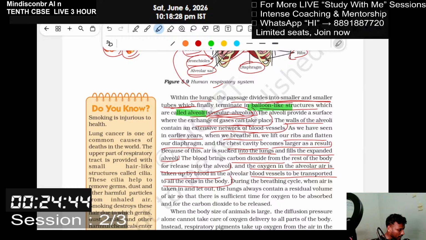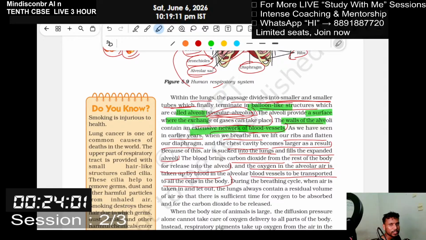Balloon-like structure. The alveoli provide surface area where the exchange of gases takes place. And what was the main peculiarity of the alveolar surface wall? It is thin, it has large surface area, and it is moist. The walls of the alveoli contain an extensive network of blood vessels.